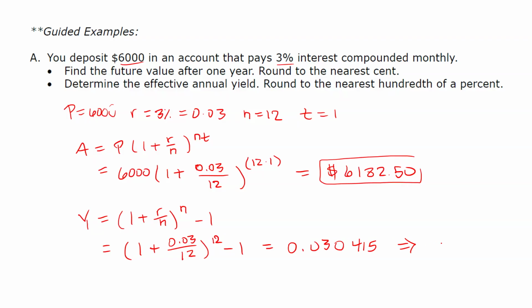Since I need to round to the nearest hundredth of a percent, my percentage will be 3.04%. So that is the effective annual yield.